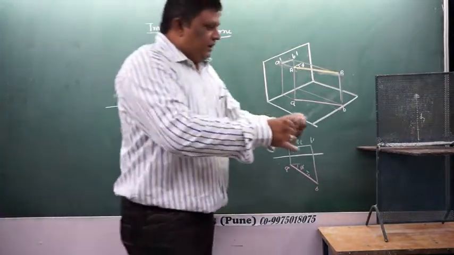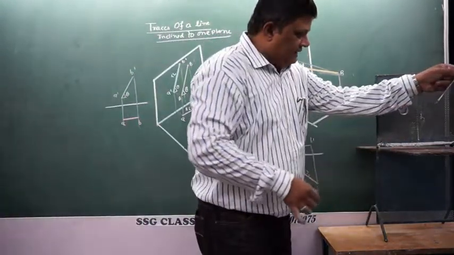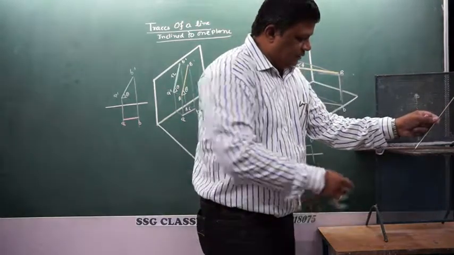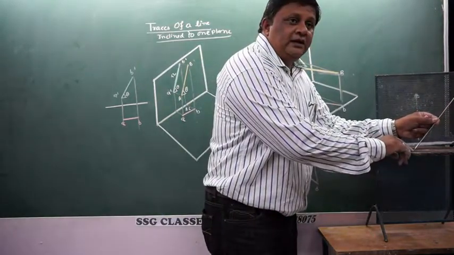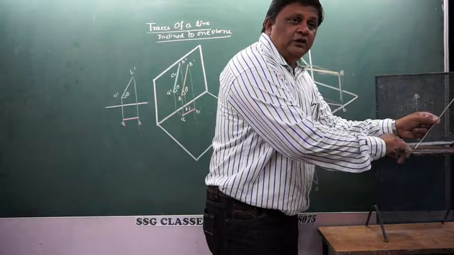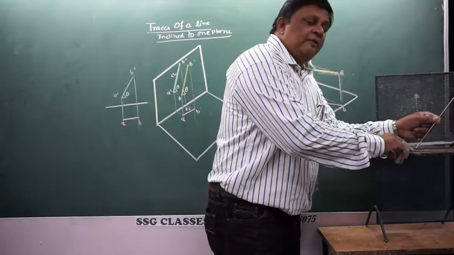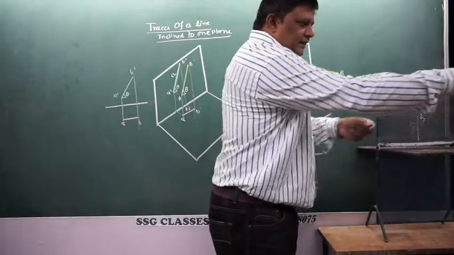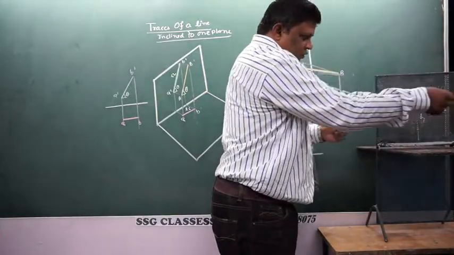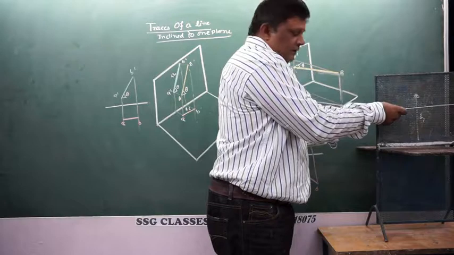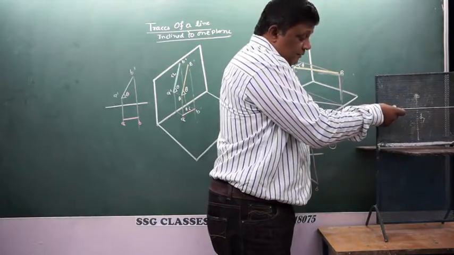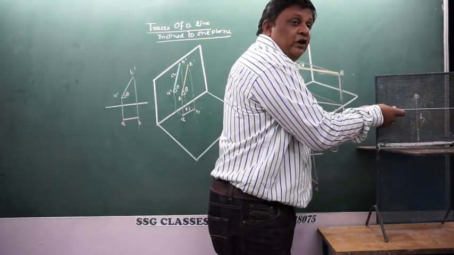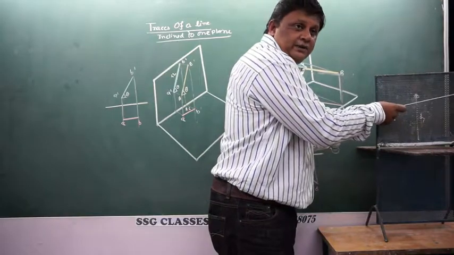For example, if this is my HP and if the line is coming in this way and intersects out here, then this is the point which will be the trace on the horizontal plane, hence it will be called the horizontal trace. Whereas in this case, if the line is extended, it goes and intersects the VP out here, then the point where it is intersecting is called the vertical trace.